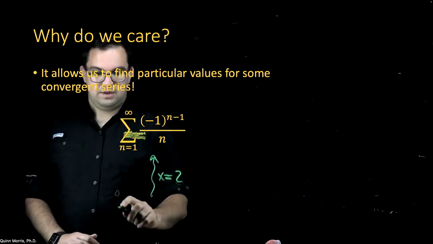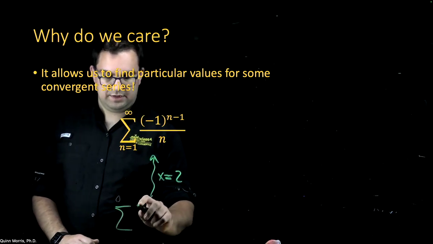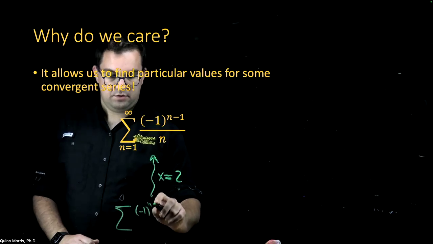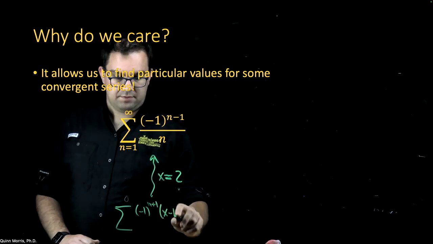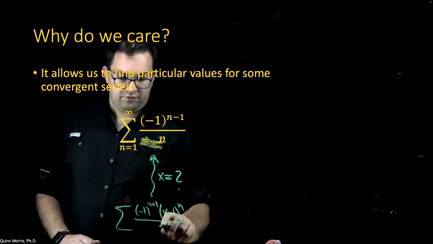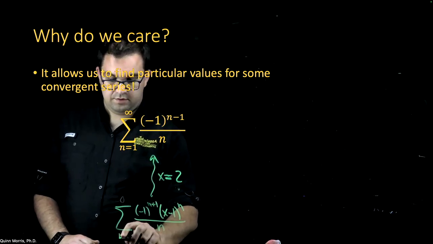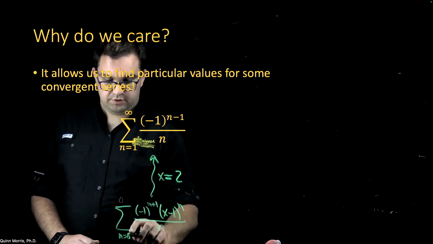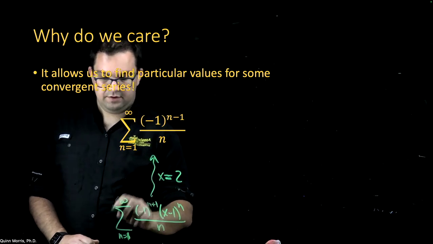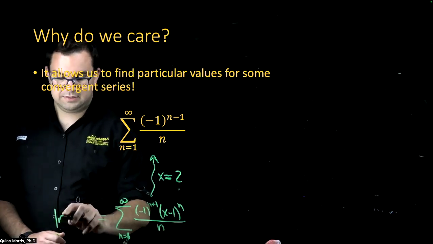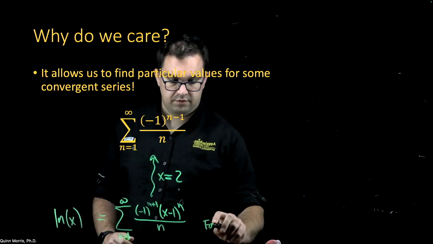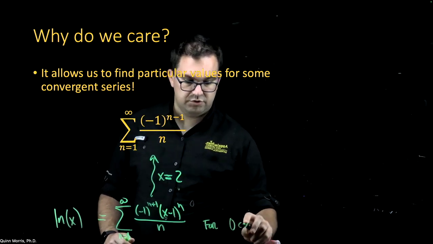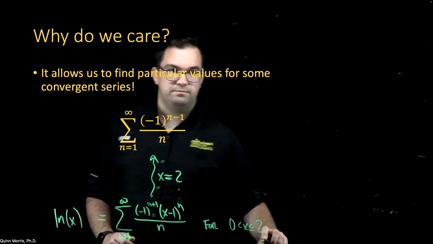So if I look at the series minus 1 to the n plus 1, x minus 1 to the n over n, n equals 1 to infinity, we saw earlier this is equal to natural log of x for x values between 0 and 2.